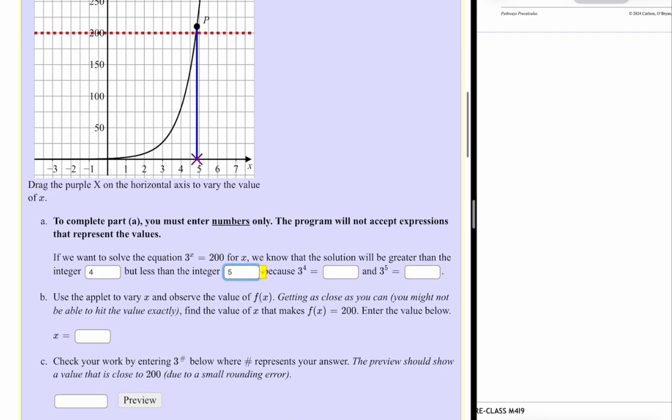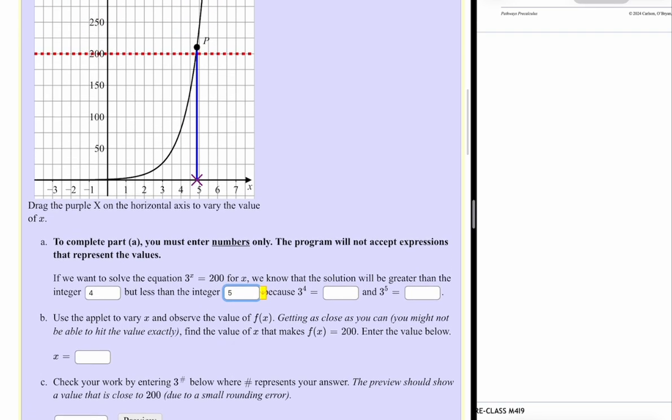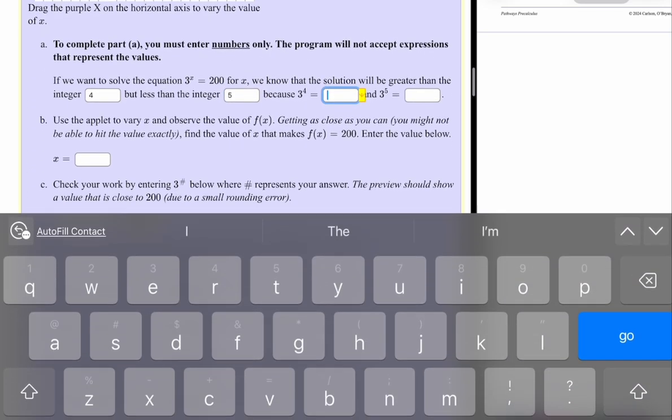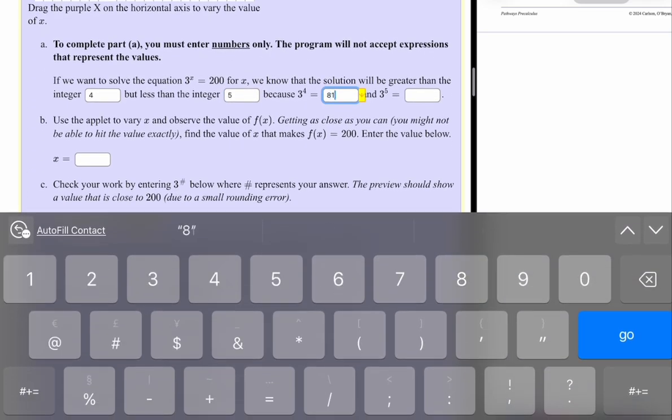Because if you do exactly 3 to the 4th, I'm going to do it on a calculator. 3 to the 4th is 81, I believe. Yeah. So 3 to the 4th is 81. 3 to the 5th is 243.